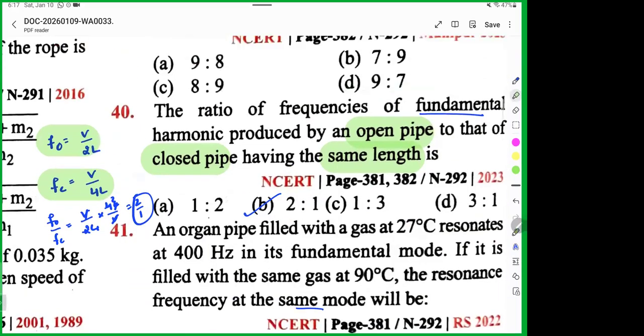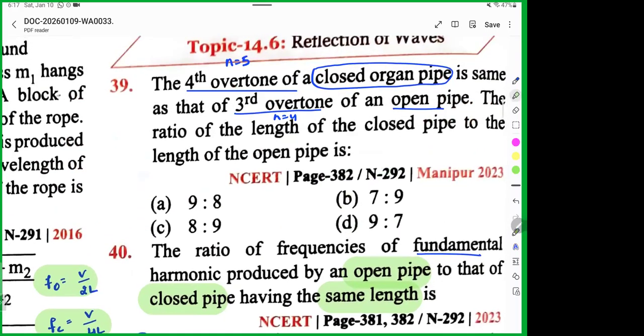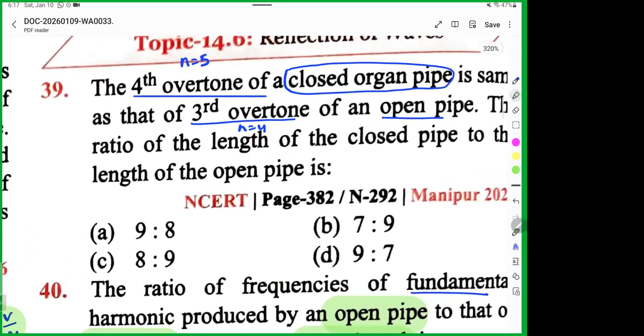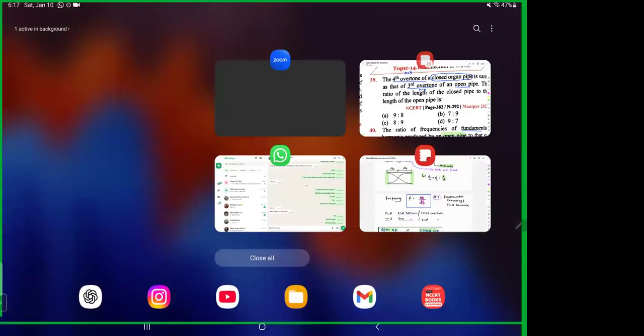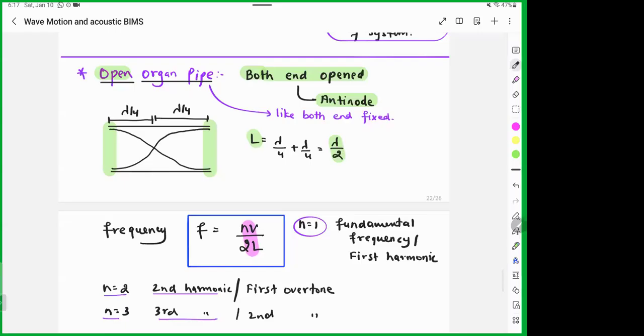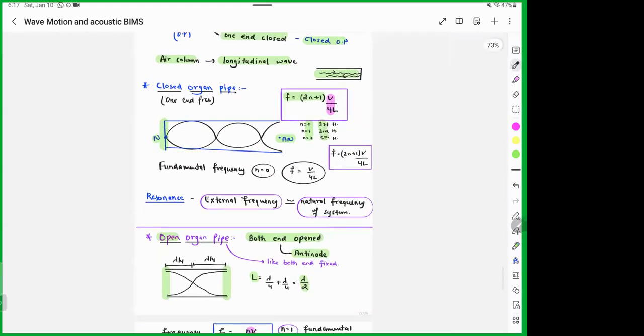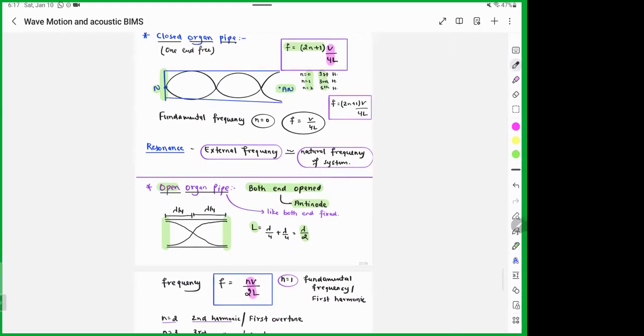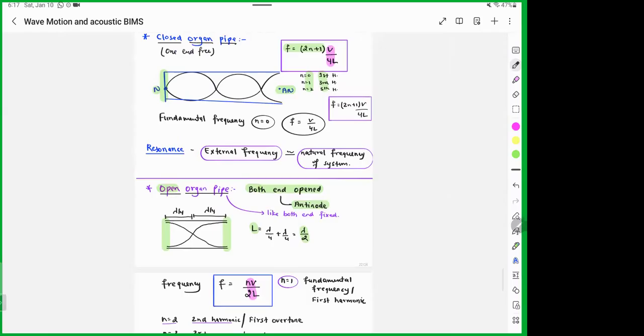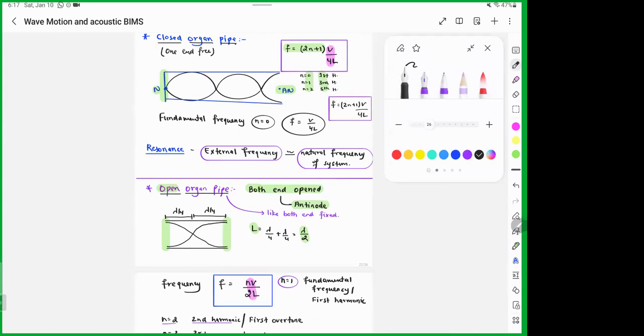Let's do one more question. By the way, one more interesting thing. If you see the difference between these two, open and closed pipe. Here, if you keep n value 0, it will be the first harmonic.